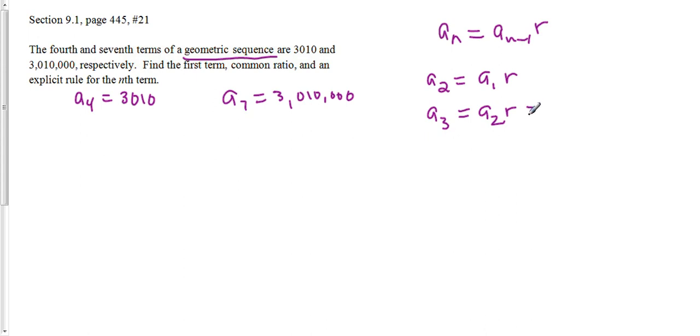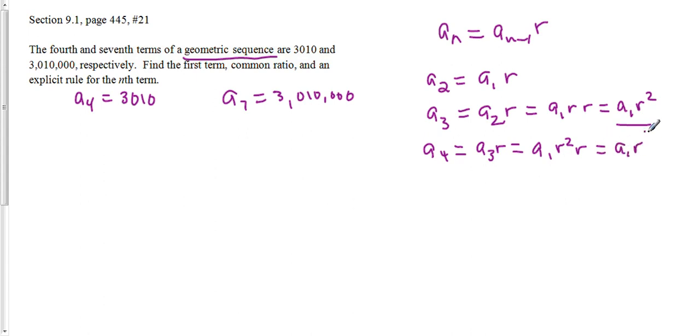But I have a formula for A2. It's A1 times r, and I can substitute in, then I end up with A1 times r squared. Let's keep going. If we want to write the term for A4, I've got A3 times r, but I have an equation for A3 that I'm going to substitute in. So I have A1 r squared times r, and when I do my math here, I get A1 times r cubed.